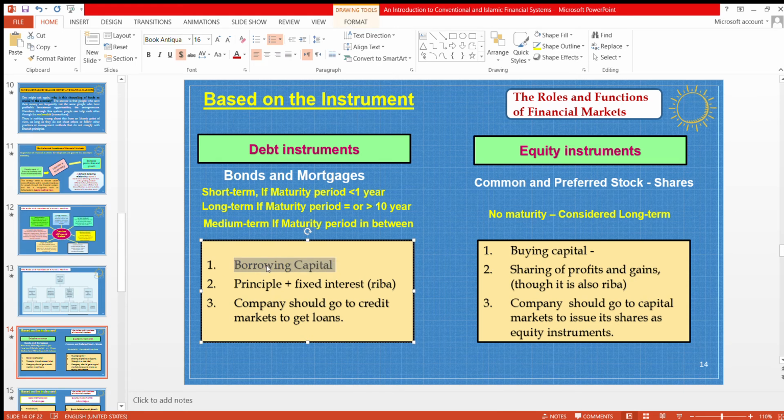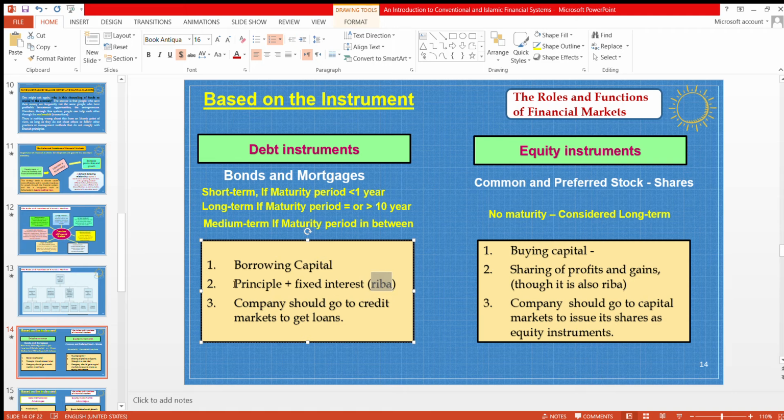In debt markets, there is borrowing of capital against what? The principal amount, the borrowed amount, will be returned to the bondholders, plus they will also pay them a fixed profit, fixed interest. That is also known as riba in our Islamic financial system.